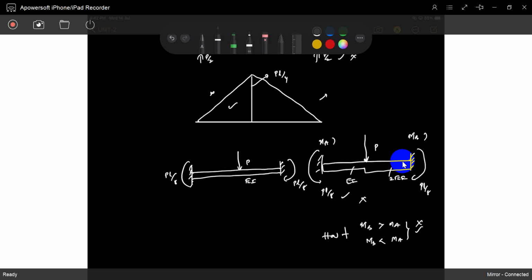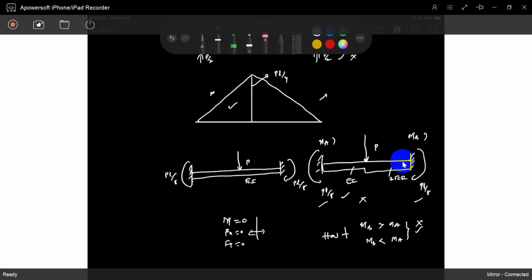The equilibrium equations, sum of moments equals 0, sum of Fx equals 0, sum of Fy equals 0, are not dependent on any cross section. But then if it is not dependent on any cross section, this is the same, PL by 8 and PL by 8, is it right or wrong?